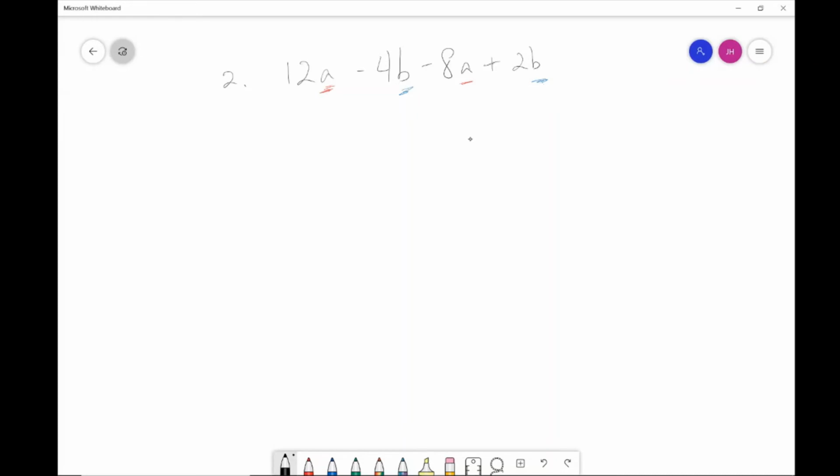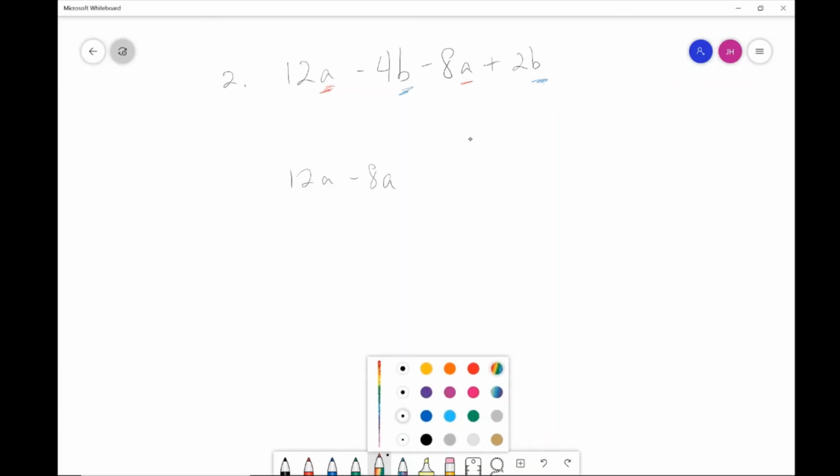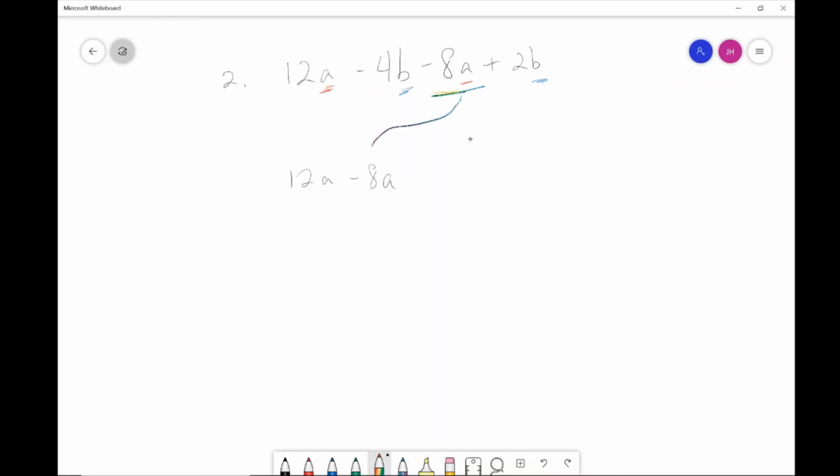So let's rewrite the question then. It starts with 12a minus 8a. I am simply moving the minus 8a from the third term in the question. Now I shift it to my second term, minus 4b, which is this, plus 2b. Why is that? I want to make them next to each other before I do any subtractions, additions.